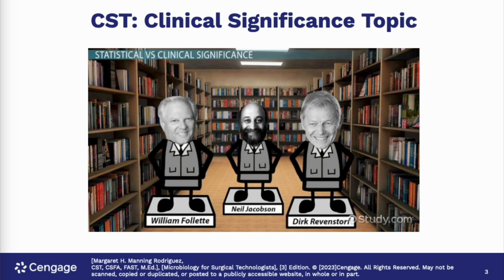But first, our clinical significant topic. Decontamination, disinfection, and sterilization might not be the most exciting topics, right? But they are so important for preventing surgical site infections, also known as SSIs, as well as HAIs, healthcare associated infections like MRSA, VRE, CRE, and nasty C. diff.